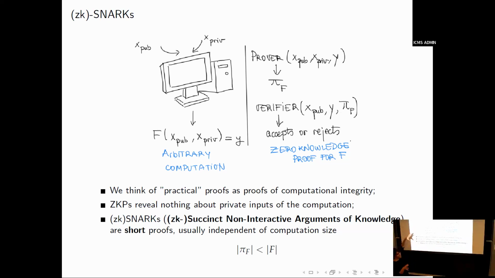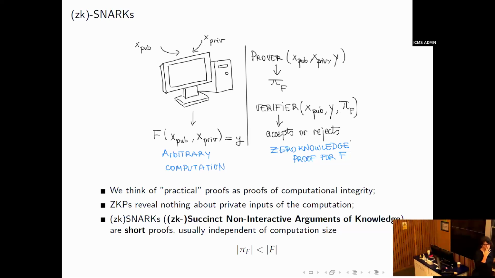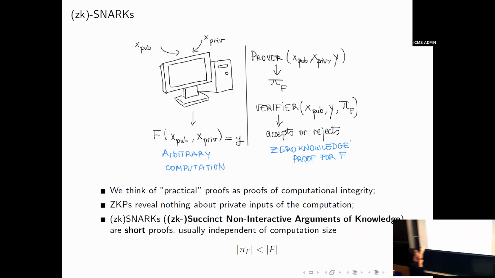The setting in which we're thinking of using SNARKs is the following. We have a big computation. It has a public input, maybe a private input, and at the end of the day, we want to make sure that this computation is correctly executed.